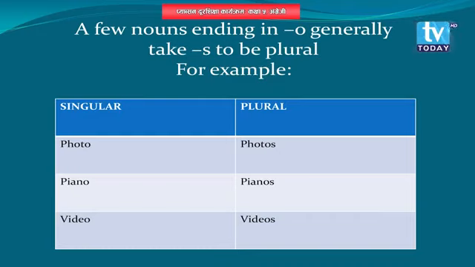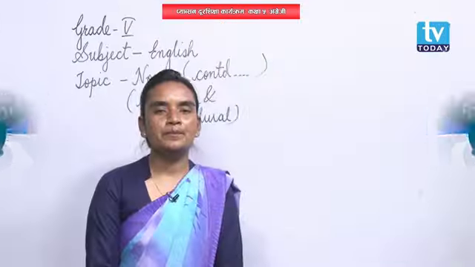Similarly, if we go to logo, logos, S can be added. Photo, P-H-O-T-O, photo is the singular number. Photos, if we add S there, then it becomes plural. So you can explore some more examples on it as well.